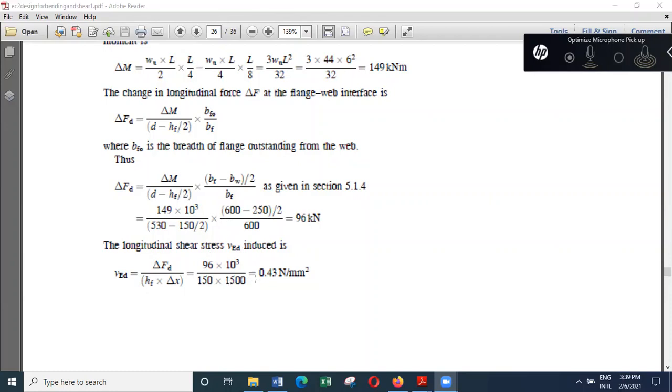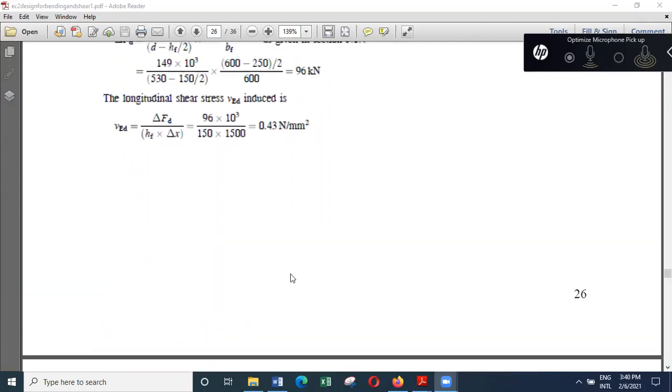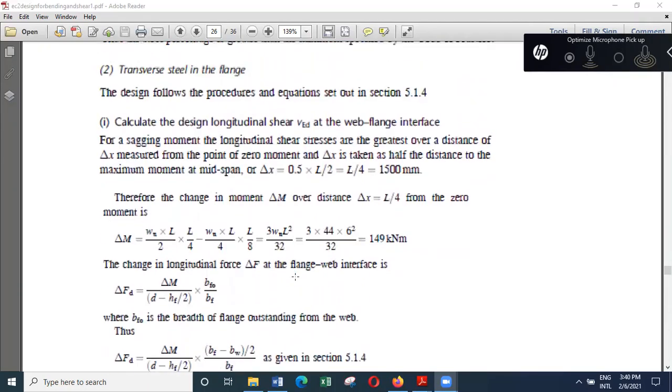The length of the beam we consider, delta x, is 1500 or L by 4, and the thickness of the flange is 150. So you can find that the stress induced is 0.43. And from that, we can find whether we need the reinforcement or not.